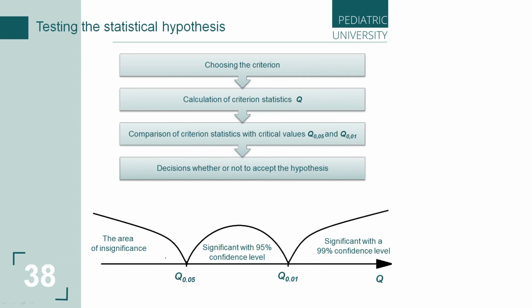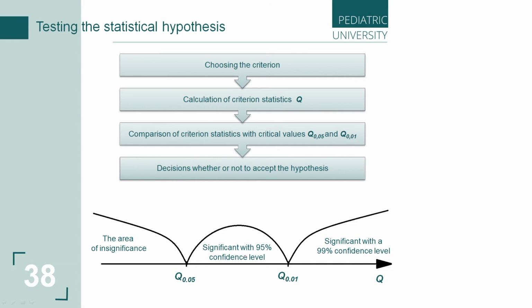So, the distribution is normal or mean values in the populations are equal. If our control value falls within the middle region, the region of significance with a 95% confidence level, here we reject our null hypothesis and say that our mean values are different with a 95% confidence level. That is, with 95% probability, these differences are not random, and they really exist.